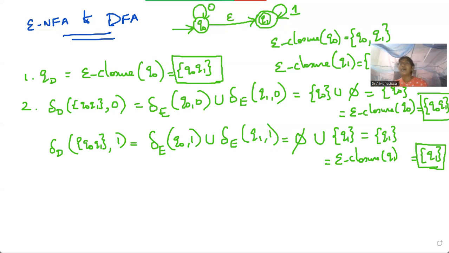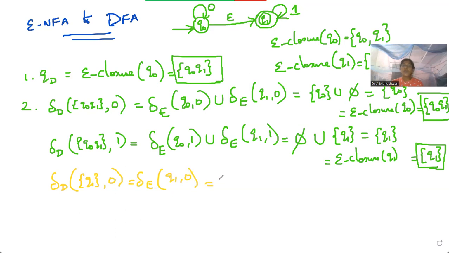This is the same as NFA to DFA. So now we start from Q1. Transition DFA of the next state, Q1, right? So Q1 comma 0 is equal to transition Epsilon NFA of Q1 comma 0.